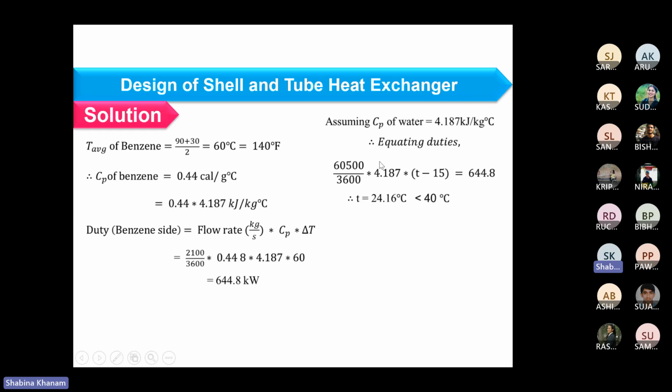I hope you are getting my point. And this procedure will keep on repeating till I am having equal CP values in two consecutive iterations, right?